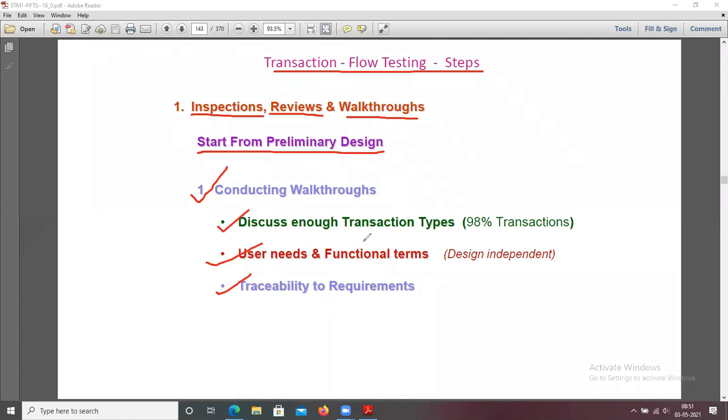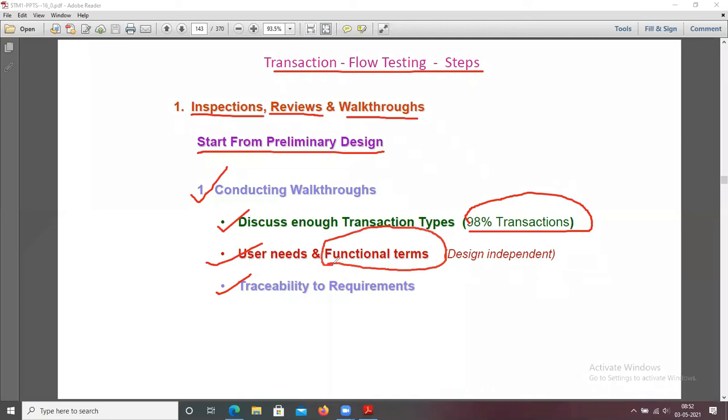In conducting the walkthroughs, you should discuss enough transaction types to account for 98% of the transactions the system is expected to process, and discuss paths through flows in functional rather than technical terms.